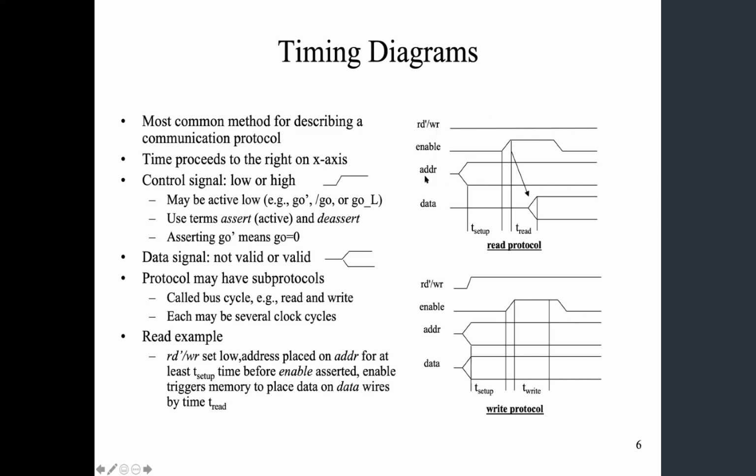For other signals like address and data, you see a single line branch out to two lines. Like here for the data, you see the same case, start with a single line and branch out to two lines. The way to understand this is that oftentimes for address and data, you're not talking about a single wire.